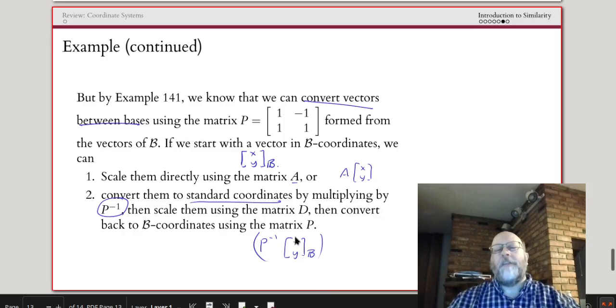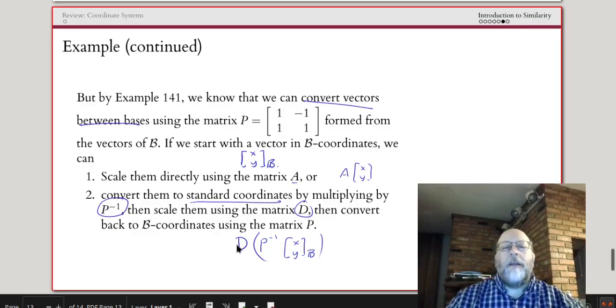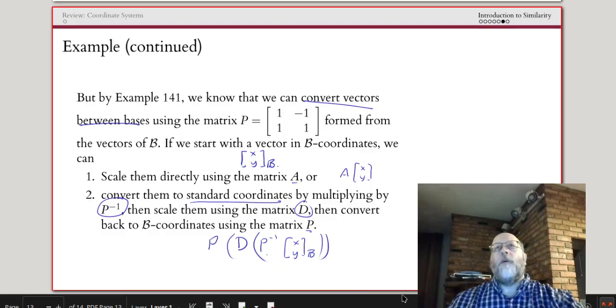And now that they're in standard coordinates, the matrix D does geometrically exactly the same thing, but now it's doing it in standard coordinates. And then, now that we have done the geometric transformation in standard coordinates, we can convert everything back using the matrix P. P inverse goes from alternate to standard, then P goes back from standard to alternate.